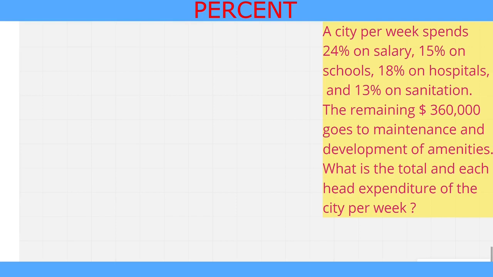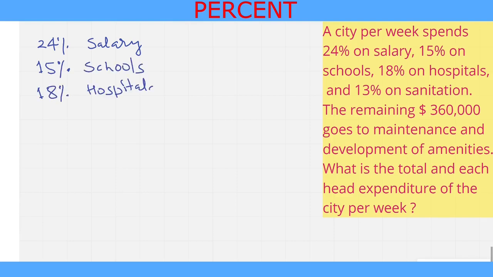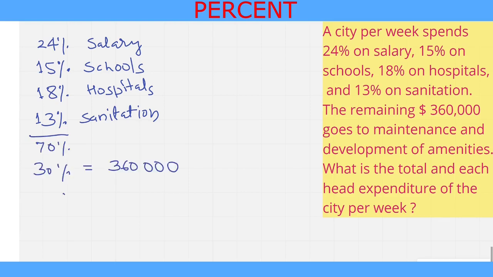So we make the details: 24% salary, then 15% schools, 18% hospitals, 13% sanitation. The sum of this is 24 plus 15 plus 18 plus 13 gives us 70%, and remaining is 30%. The balance 30% equal to $360,000.